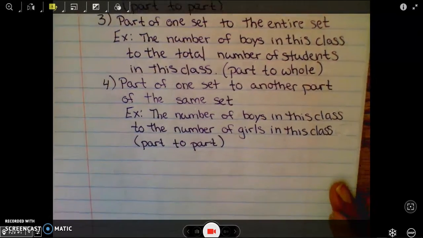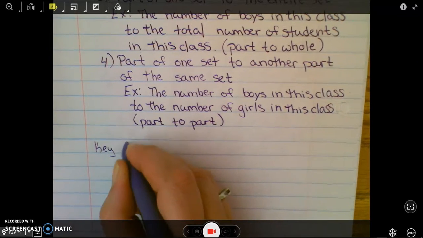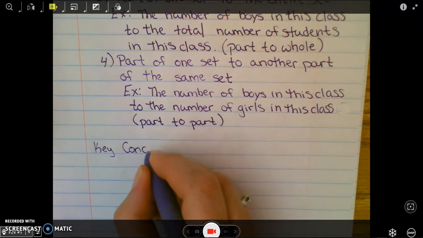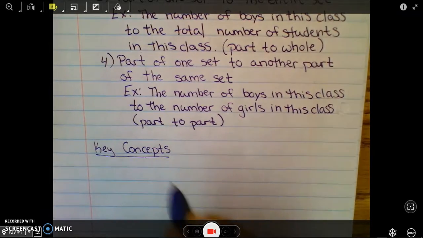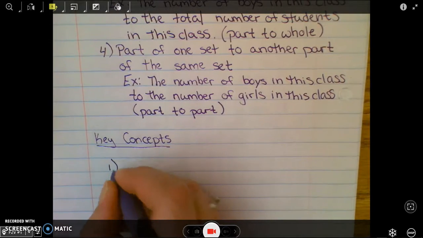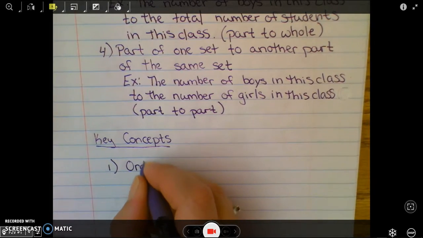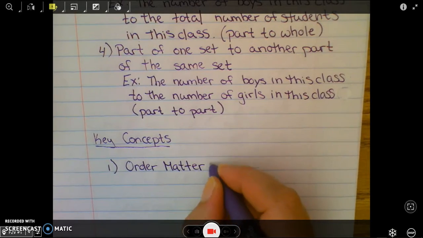So I'm going to scroll this up, and there are two key concepts that we want to note for ratios. The first one is that order matters, and I'm going to put an exclamation point after this.